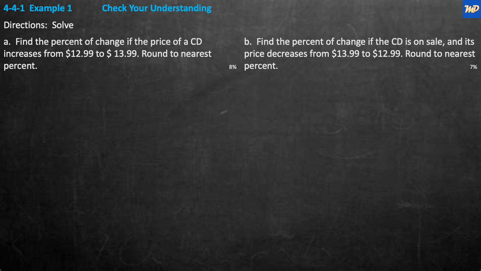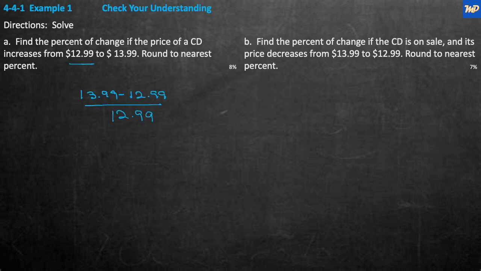According to the equation, we're going to take the $13.99 and subtract $12.99. Now we know the difference. We know the change. At this point we don't know if it's a decrease or an increase, but we know what the change is. And we're going to divide it by what? It's an increase, so we're going to divide it by the $12.99.